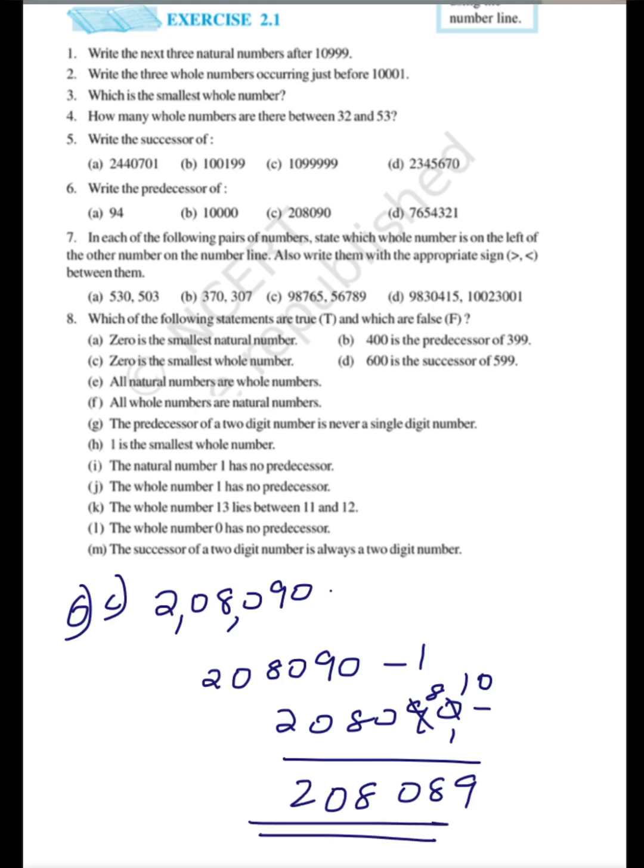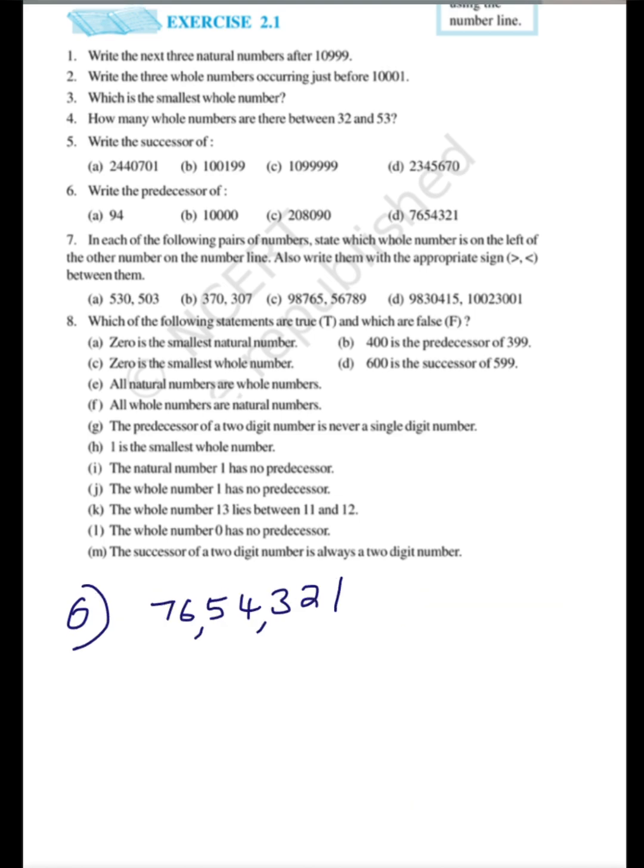So what will be the predecessor? The predecessor will be 2,08,089. You subtract 1 and then you will get the answer as 2,08,089. Understand?